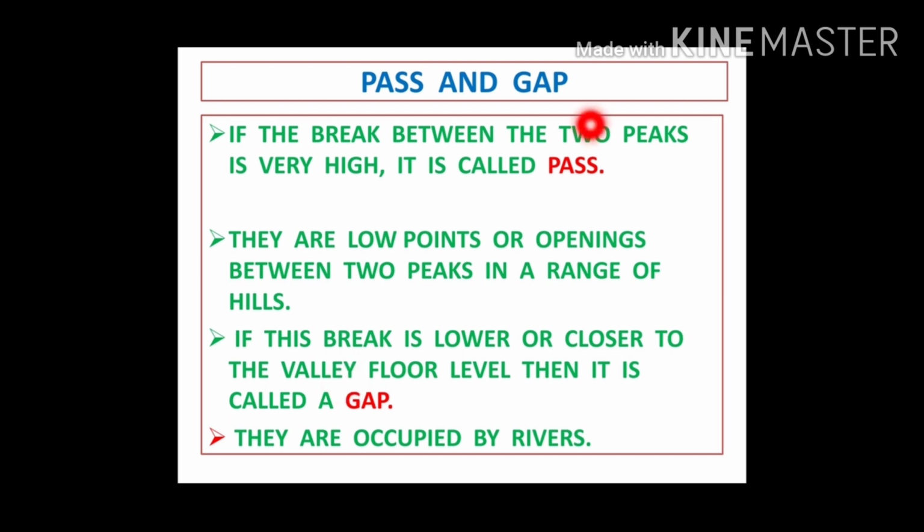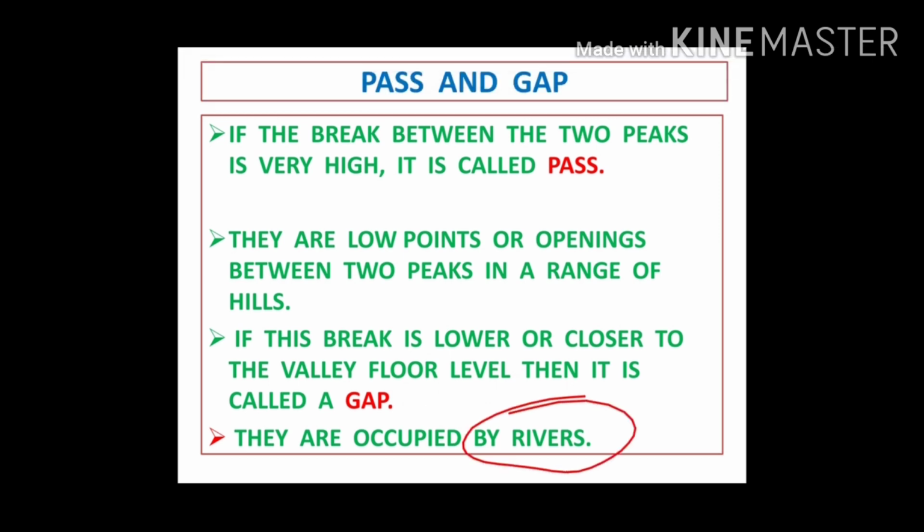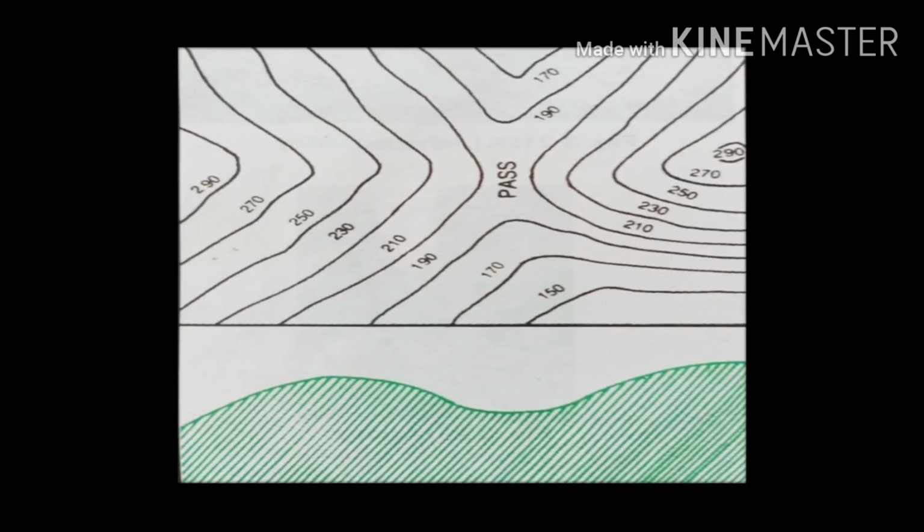Now children, if this pass becomes very low, if it becomes further eroded and comes down, then it is known as a gap, and often the gaps are occupied by rivers. So often you will find rivers flowing along the gap. Let's look at the picture. So this is a pass. You can see the reading, this is 210, 170.